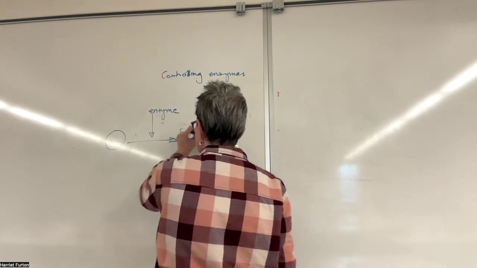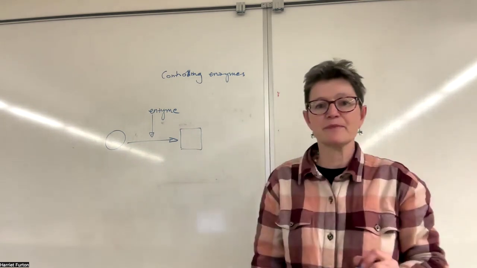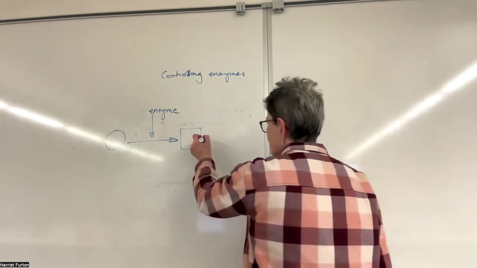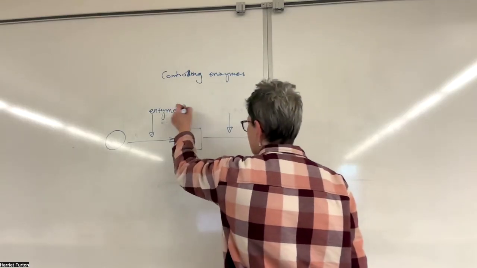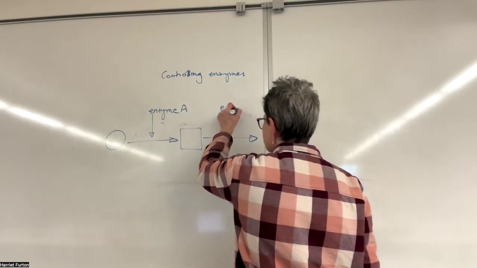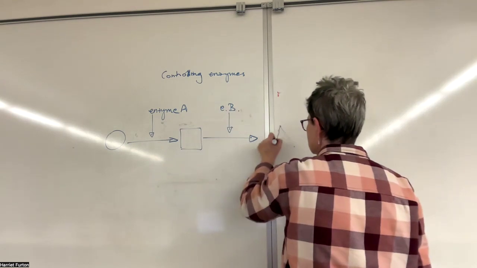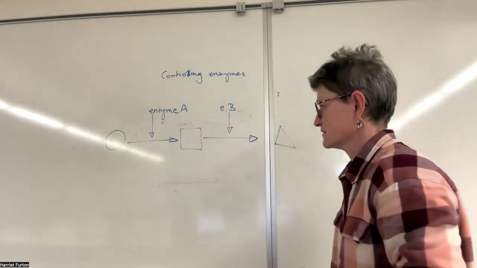it can turn into a different substance, a product. We have another enzyme, enzyme A, enzyme B, will produce a different product.